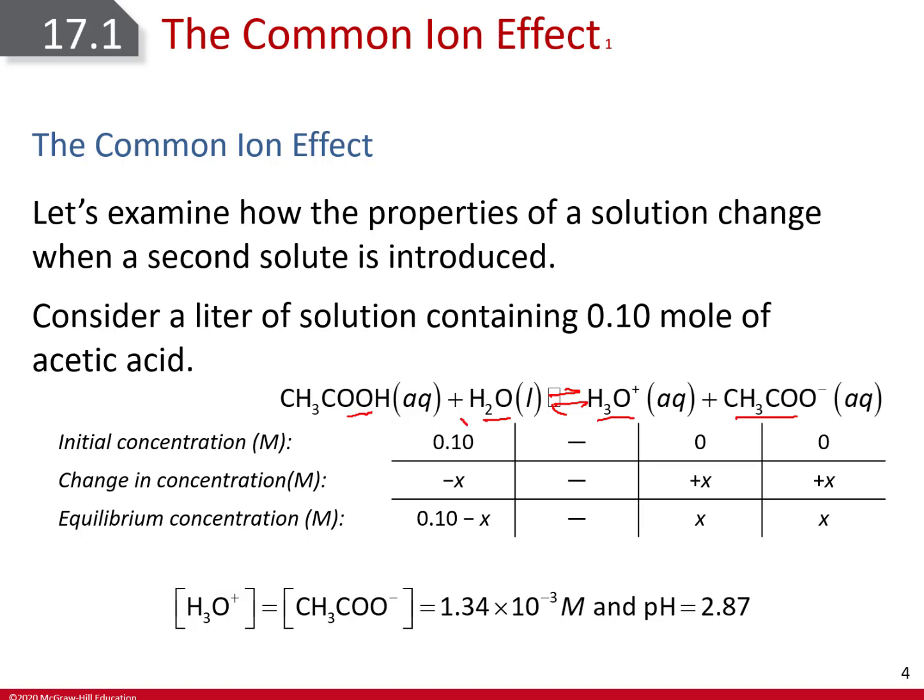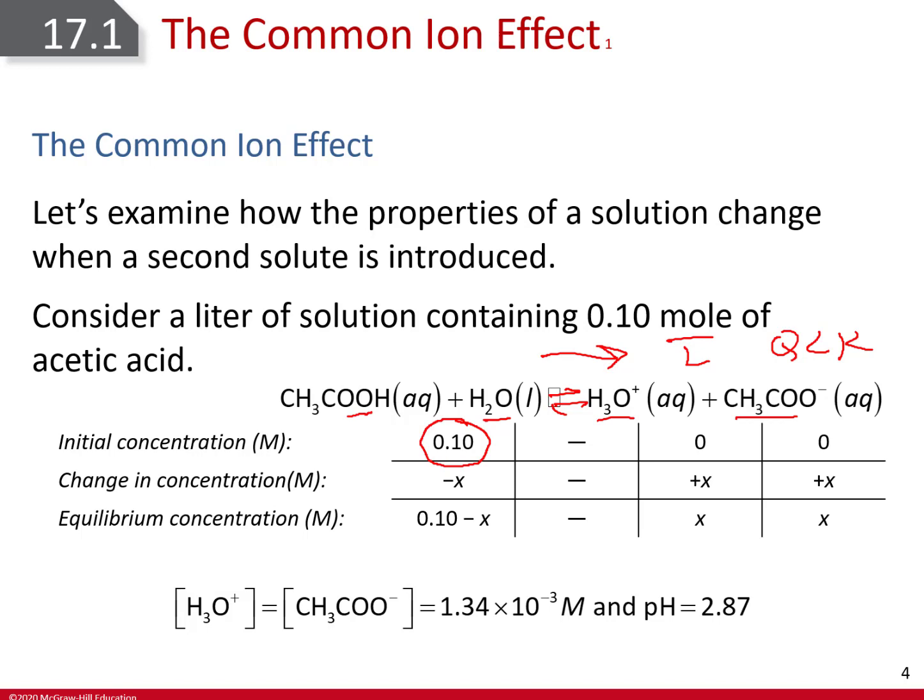Initially we have 0.1 molar acetic acid, and we have 0 of the products, so we know that Q is less than K. We learned how to do that already. We know this reaction is going to go in the forward direction, to the right, toward the products.